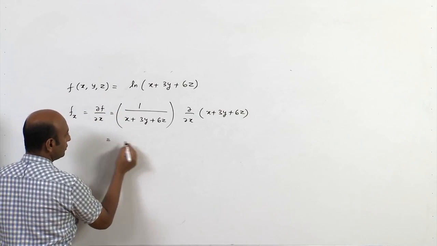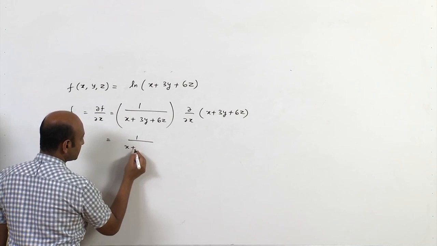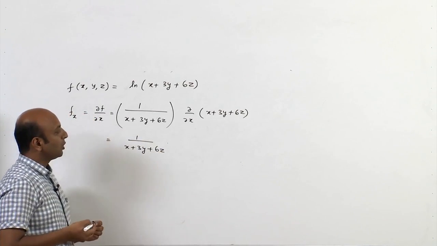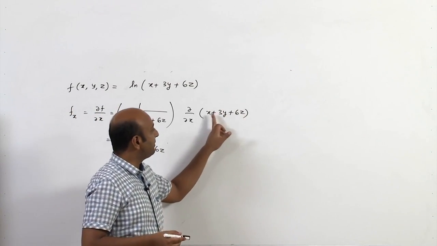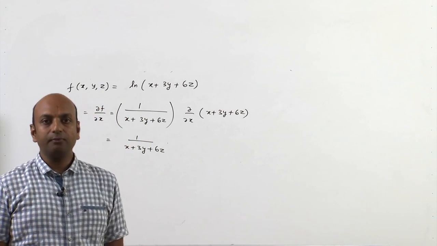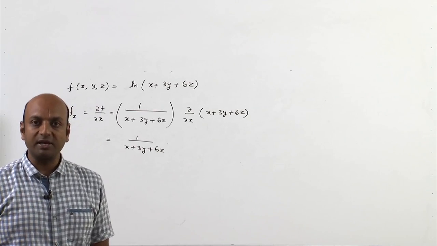This is equal to 1 upon x plus 3y plus 6z, because y and z are independent of x. So, the partial derivative of y or z with respect to x will be 0.